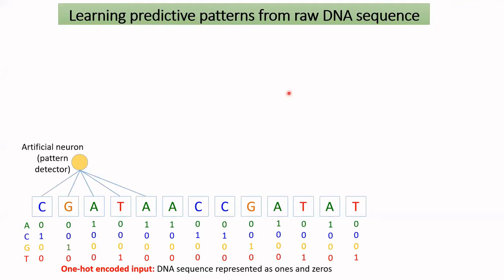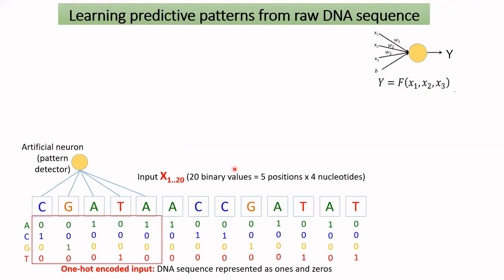The basic building block of a neural network is an artificial neuron, which is basically a simple pattern detector. It takes some inputs X and produces an output Y. In this case, this neuron is operating on 5 nucleotides, represented in this one-hot encoding. So that's basically 20 inputs, 5 by 4 positions.